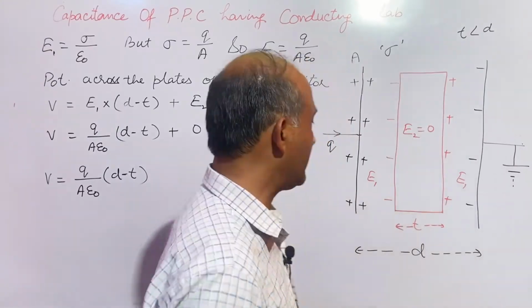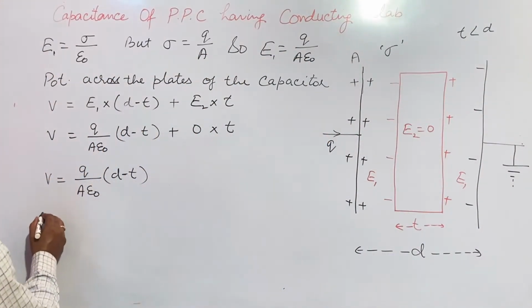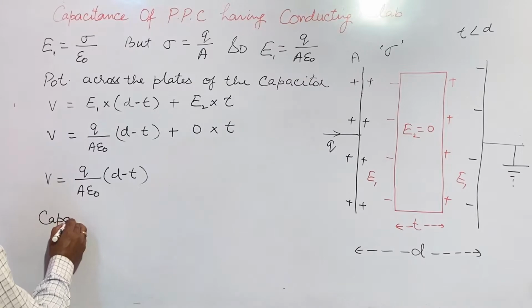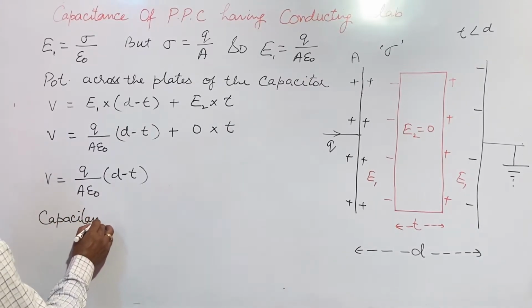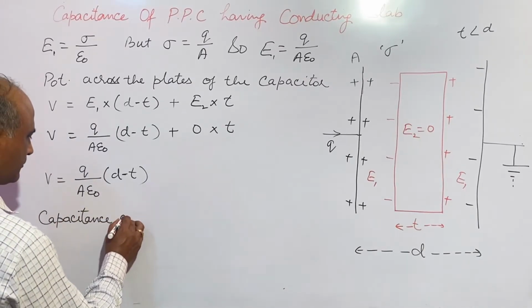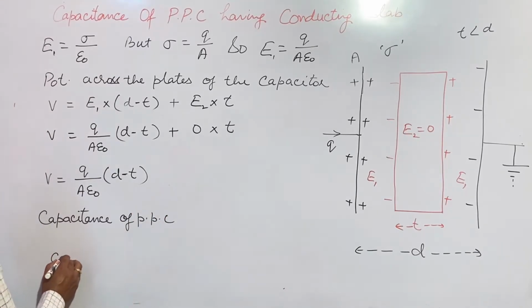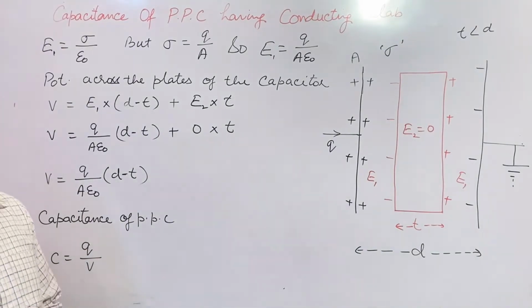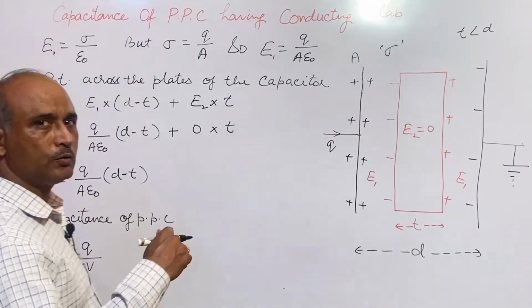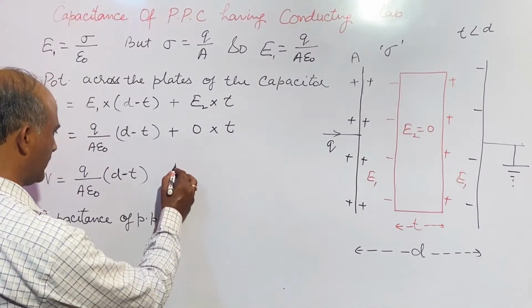Now, the capacitance of parallel plate capacitor, C is equal to q upon V. V की वैल्यू पुट करें.